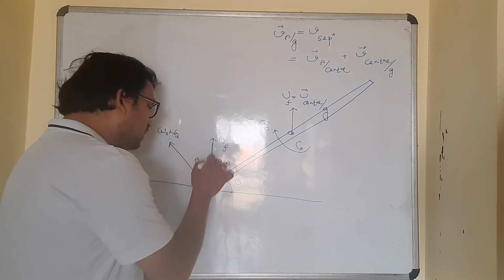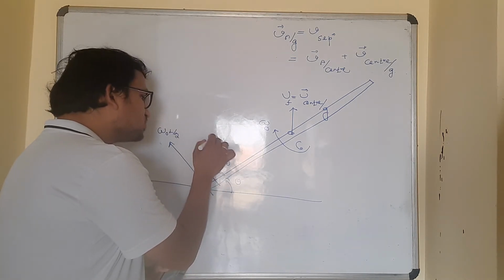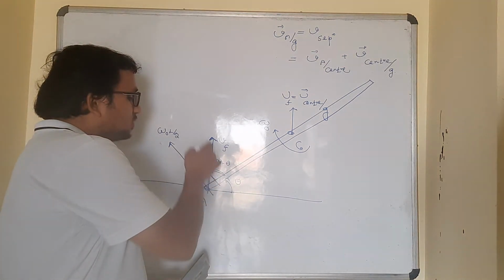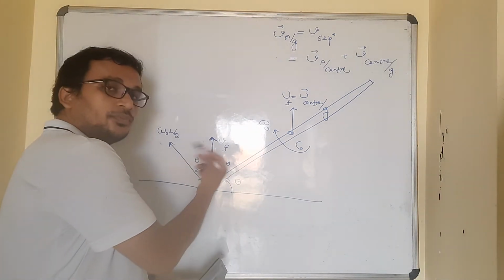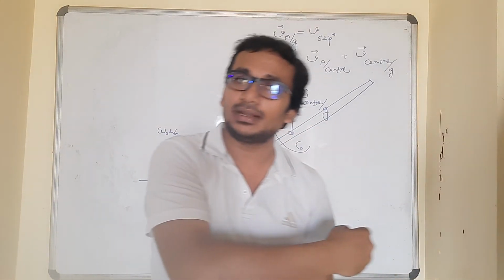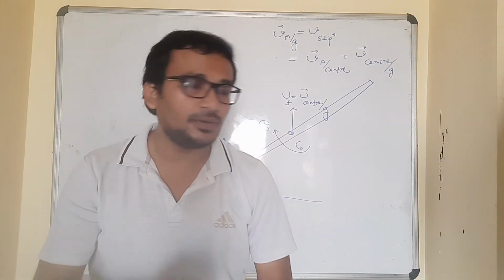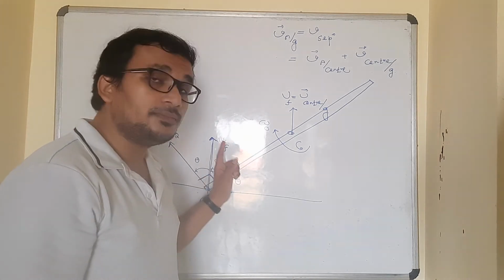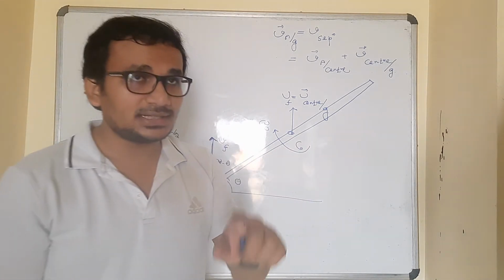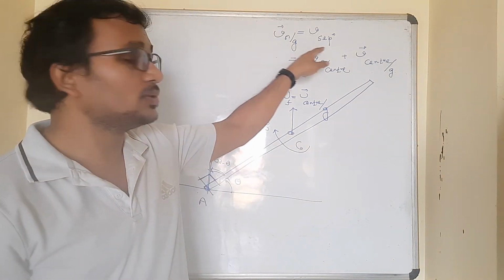One vector is Vf, which is to be added with omega L by 2. That will depend on the individual magnitudes of Vf and omega L by 2. So unless we find out these two values, we will not be able to say in what direction exactly this absolute velocity is going to lie.